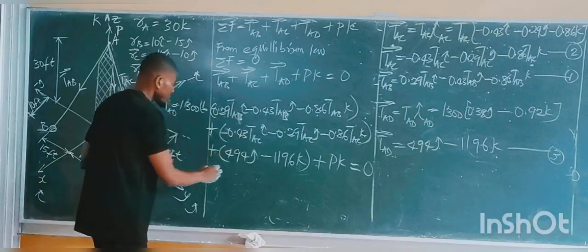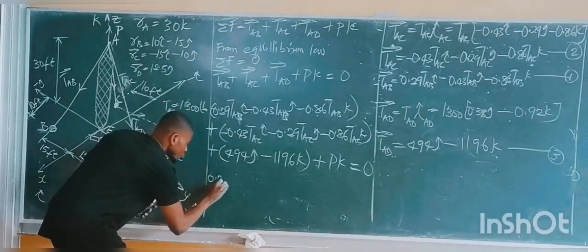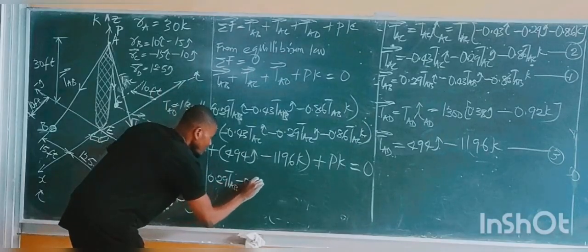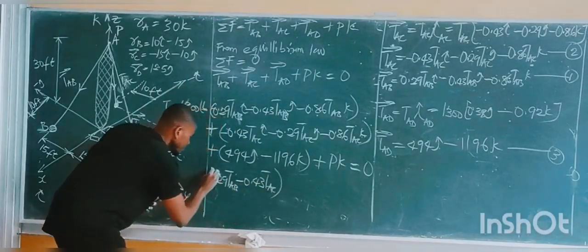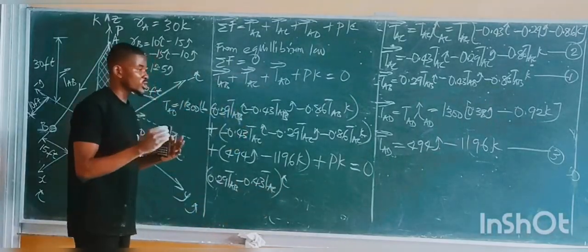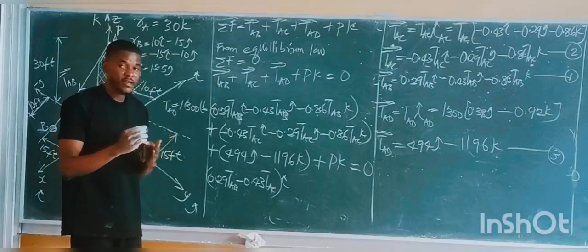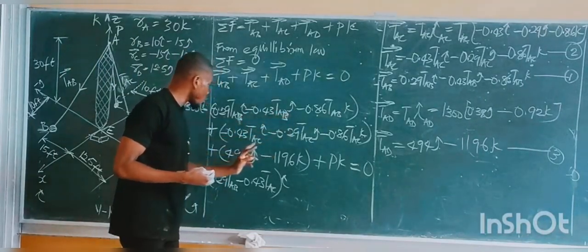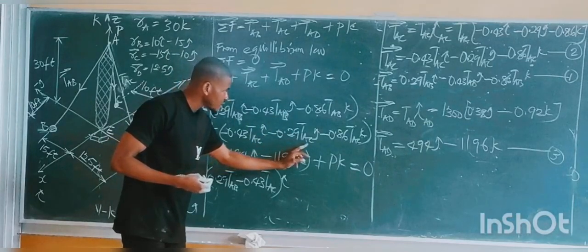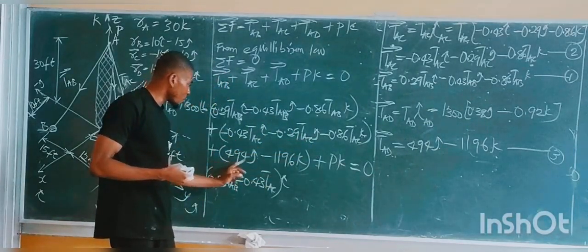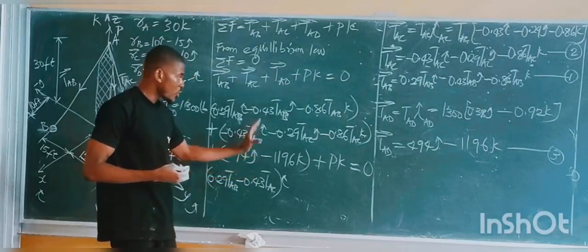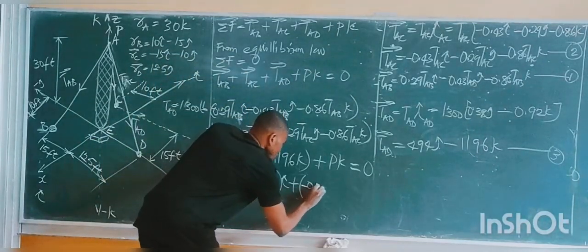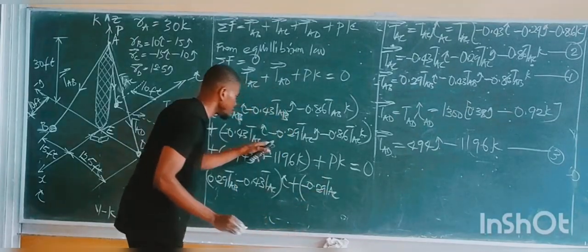I can add all the J terms together, so I will have minus 0.43 TAB minus 0.29 TAC plus 494 in the J direction.